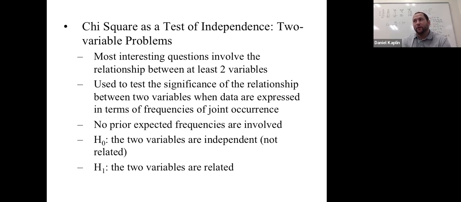For example, if I were to do some form of a chi-square analysis between ethnicity and political party, ethnicity is a categorical variable, political party is a categorical variable, and we might want to know if there's some kind of relationship between the two. So the null hypothesis says, nope, the 2 variables are independent. The research hypothesis or alternative hypothesis says, wait a minute, they are related.